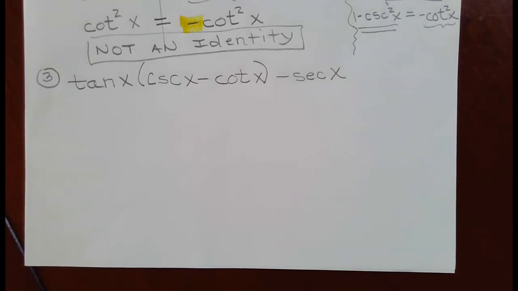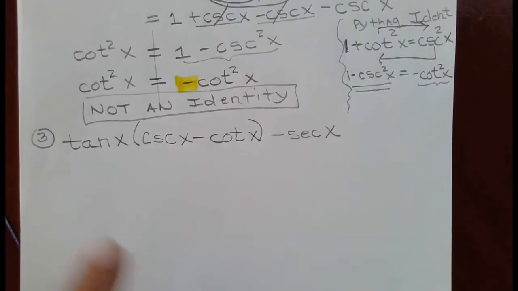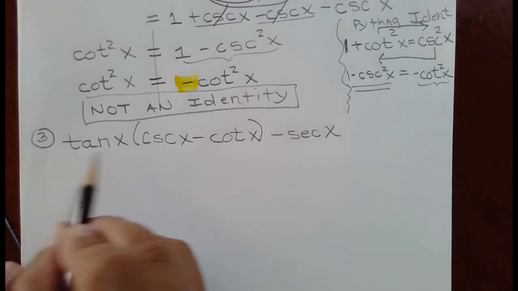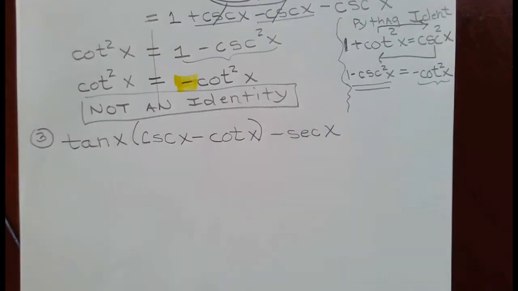But you have to be clued into the fact that in many of these problems, you are being prompted to start the problem with algebra rather than substituting in words. Like for instance, I would not start plugging in the sine cosine definitions yet. I would respond to, what does it mean to have a multiplier in front of the parentheses? It means that you're distributing. So you're going to be distributing tan of x to cosecant and tan of x to cotan of x.